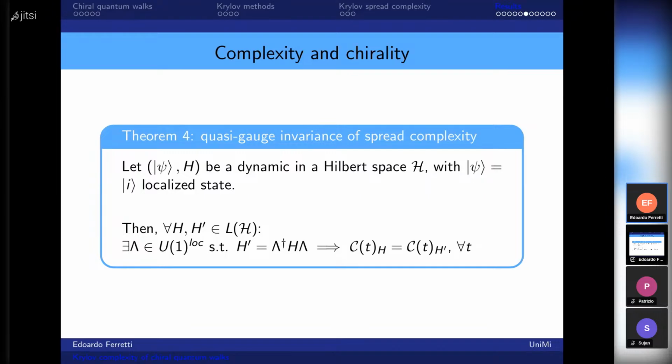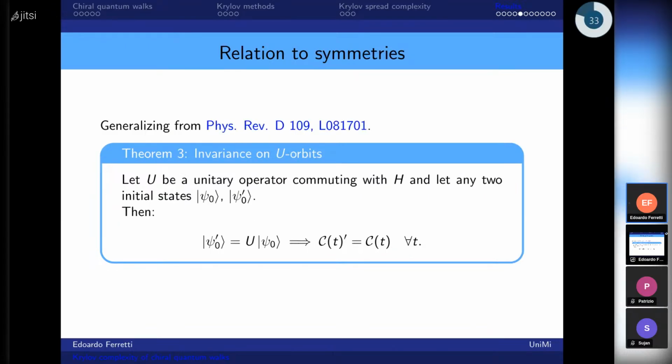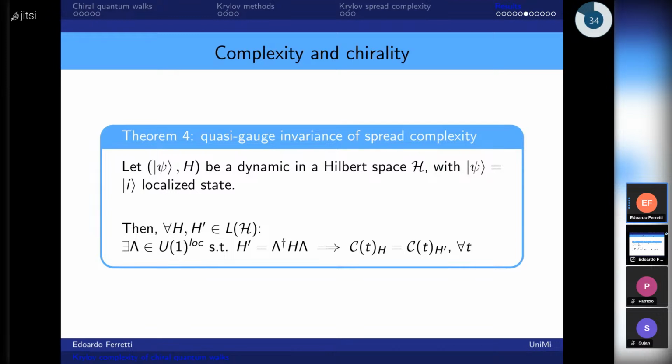Let's see how this is not a consequence of the previous theorem. It's easy, because in general, we are not asking lambda to commute with H. H prime and H are two different Hamiltonians. If lambda and H commuted, they would be the same.